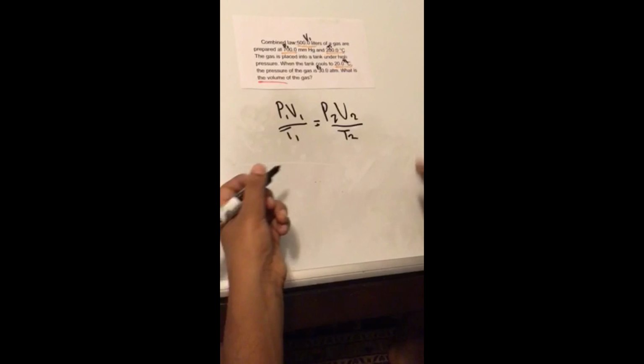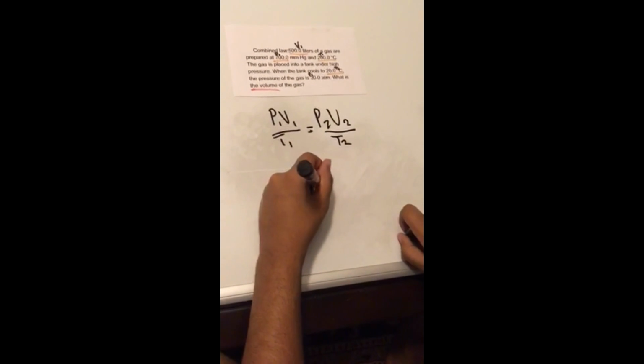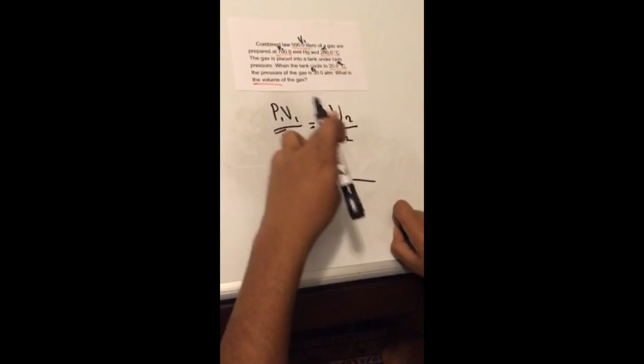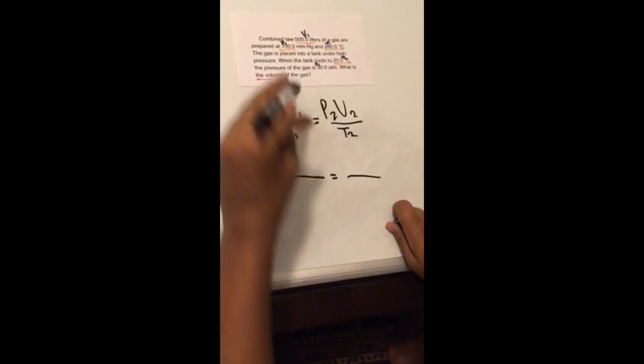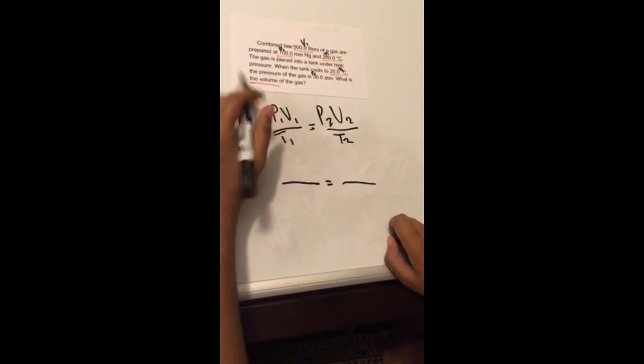So we're going to be trying to find our volume 2. As you can see, this is the equation for the combined law. So now we're going to plug in what we have in the question into the equation.